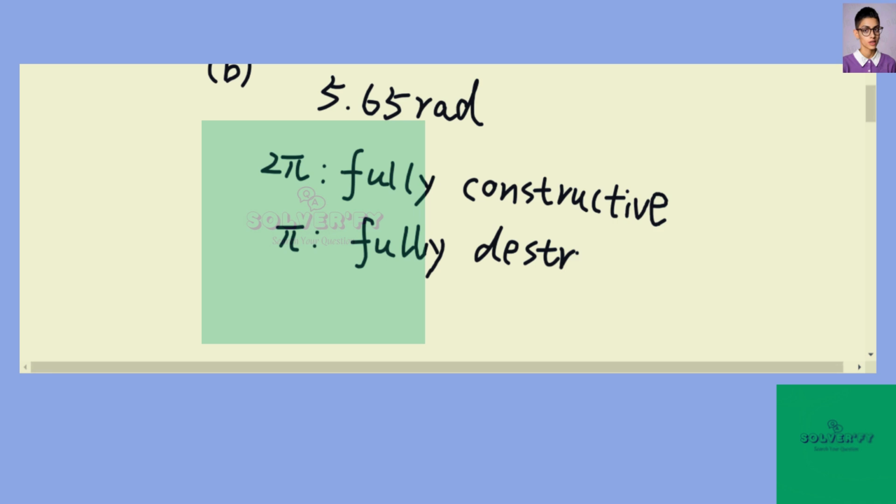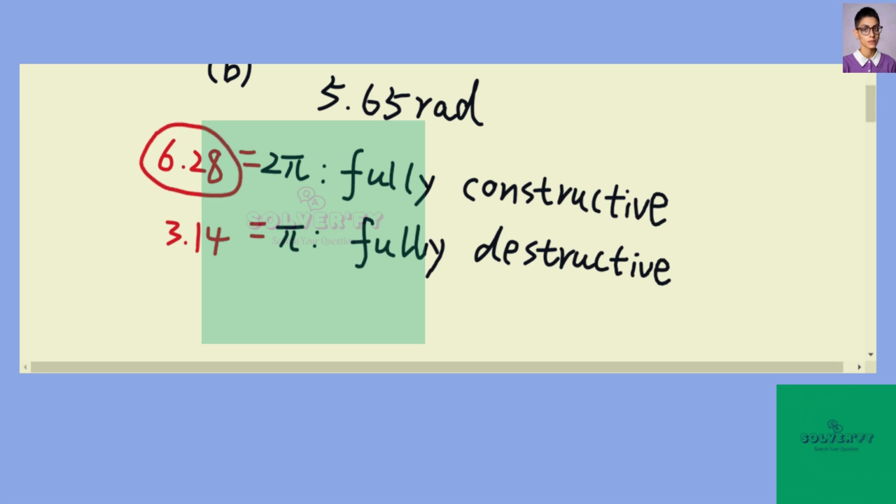The value of 2 pi radians is about 6.28 radians, and the value of pi is about 3.14 radians. Comparing with 5.65, which one is closer? Of course, it's the 6.28. 5.65 radian is not completely constructive because it's not exactly 2 pi.